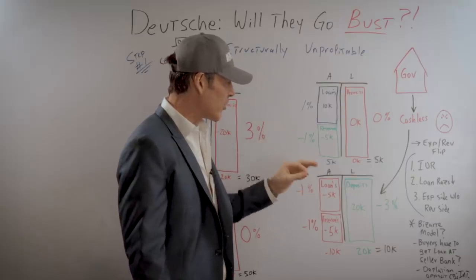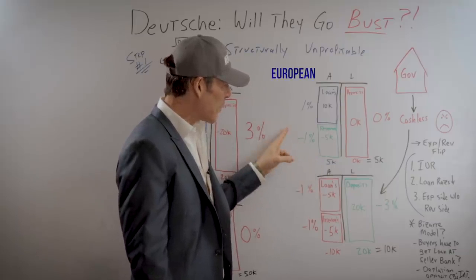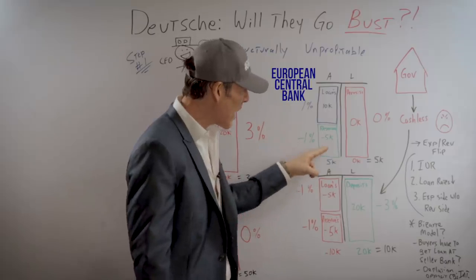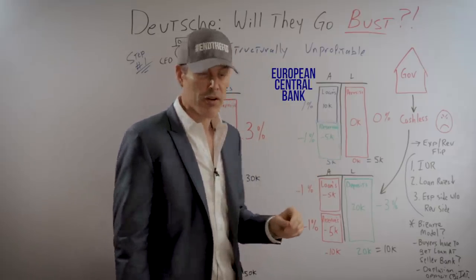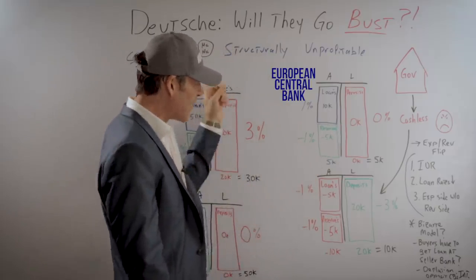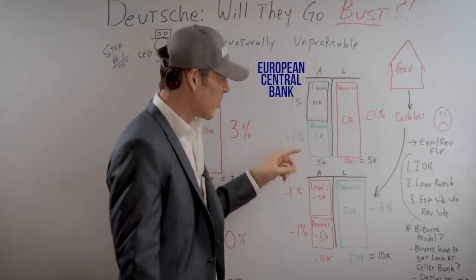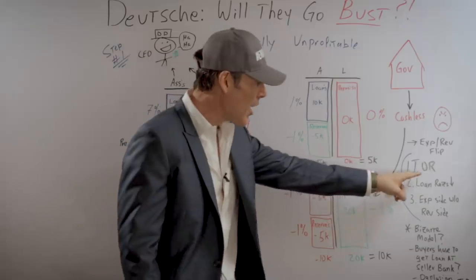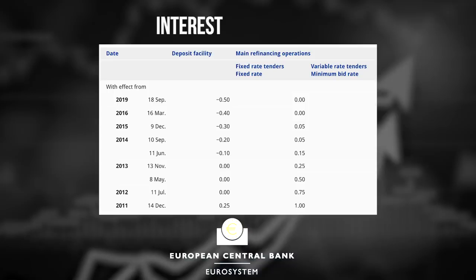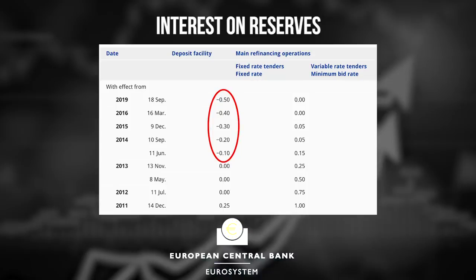To add insult to injury, the European Central Bank, instead of paying them for their reserves like the Fed pays Diamond Dave, the ECB actually charges Deutsche Bank. So their IOR, or interest on reserves, is in the negative. So that's no longer a profit stream for them.